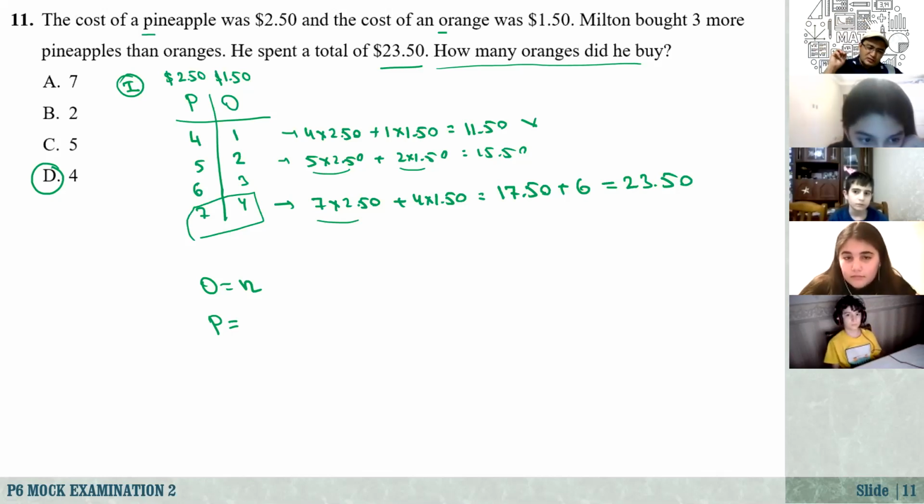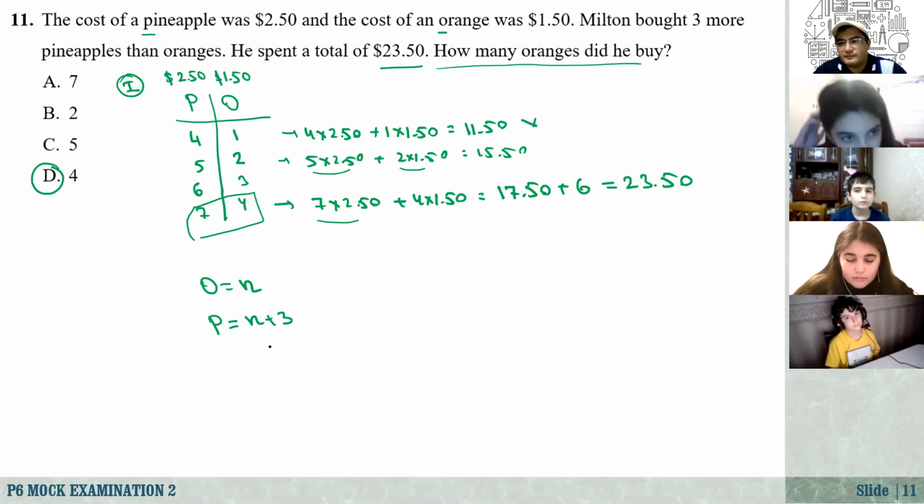He bought 3 more pineapples than oranges. 3n? No, no. n plus 3. Oh, n plus 3, yes. Right? Because if n equals 1, p equals 4. If it were 3 times n, that would be different, but since it is 3 more, it is plus, right?